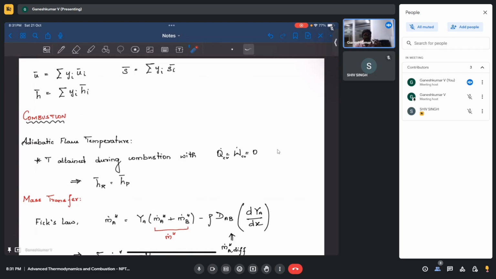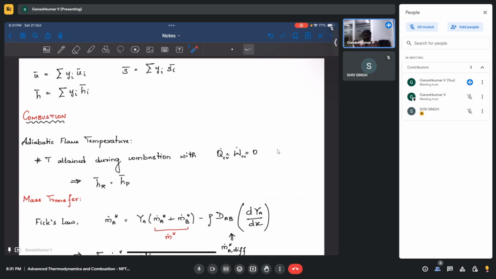For example, in a CI engine or SI engine, you are converting the energy within petrol and diesel into heat energy, which is then converted into mechanical work by the motion of the piston. So you are converting chemical energy to thermal energy, and then thermal energy to mechanical energy.